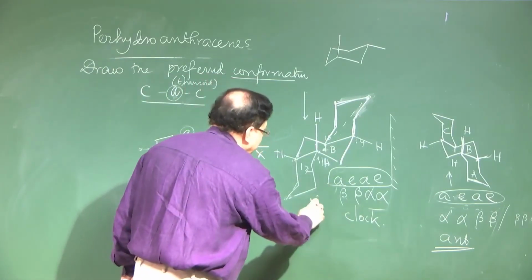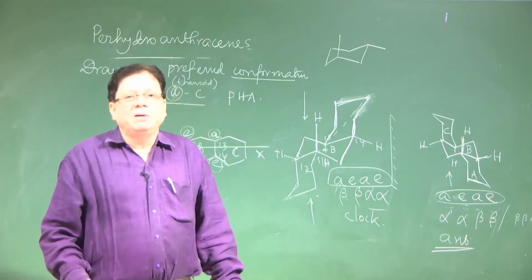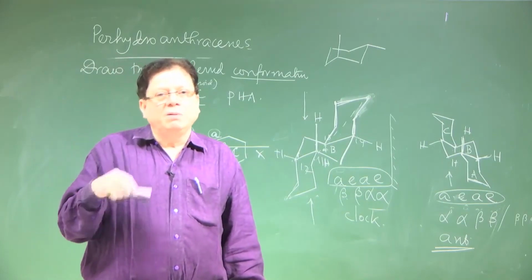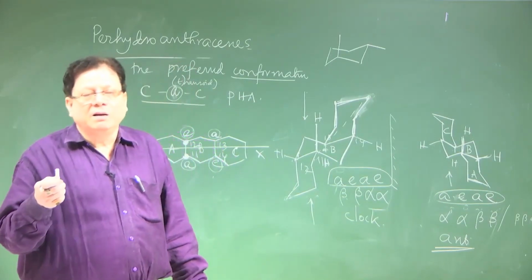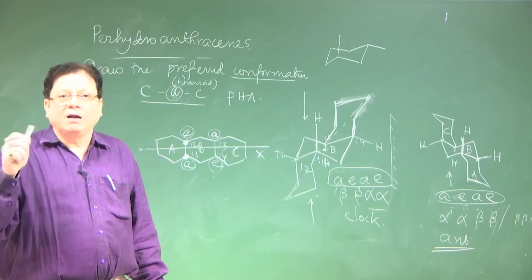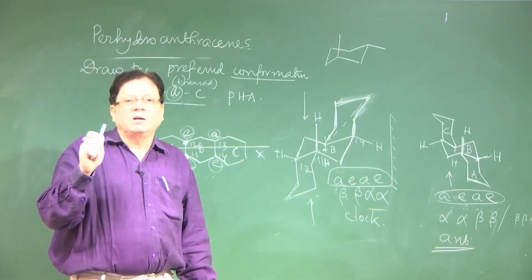Suppose I look from the bottom, change the reference plane, then what was earlier alpha will be beta, and what was earlier beta will be alpha, but axial, equatorial remain the same.